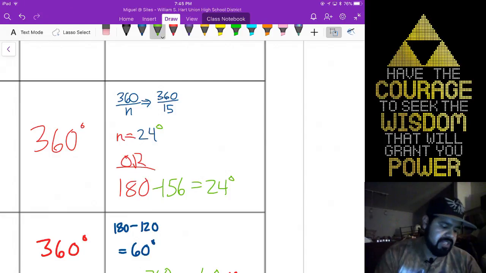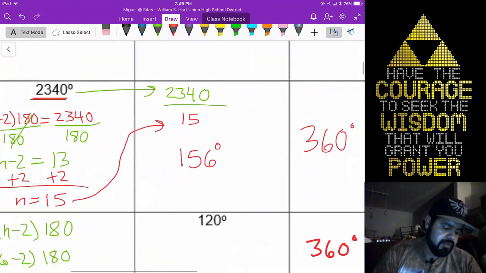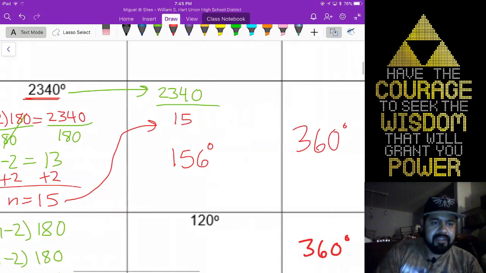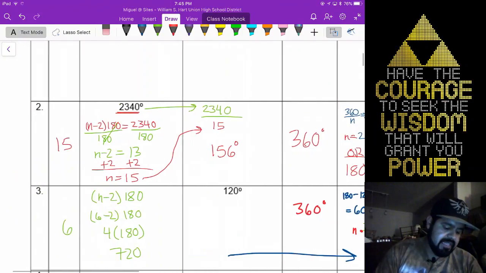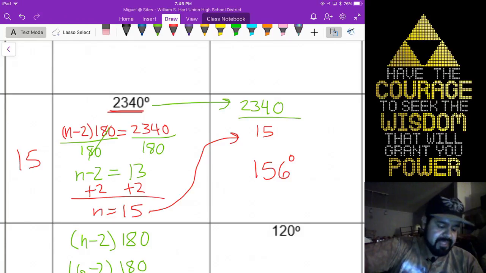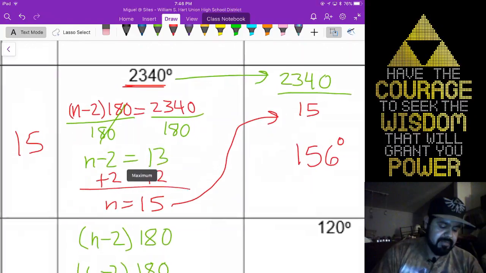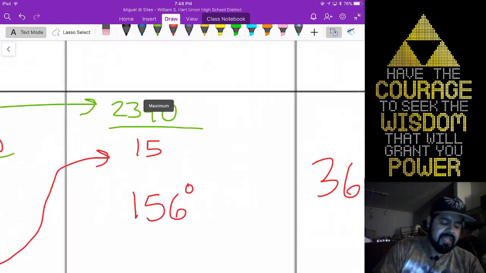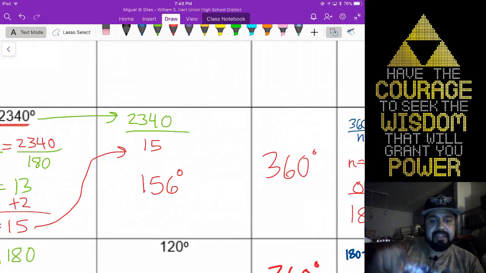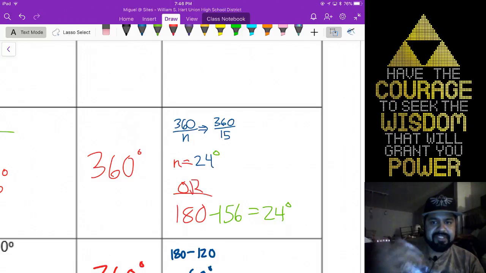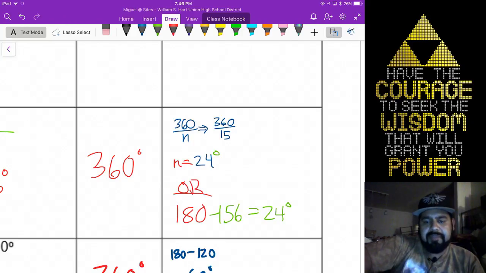Are we multiplying 180? For which part? We didn't have to multiply by 180 on any of this because the entire time we already had the angle given. So you actually divide the 180 to get your number of sides. You do the total angle divided by the number of sides. And again, 360 divided. So no, there's no multiplying by 180.